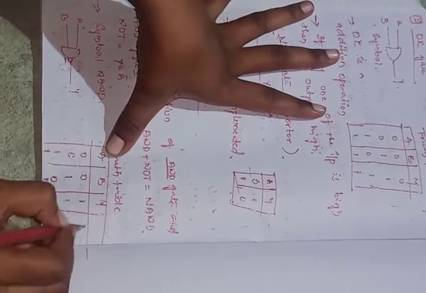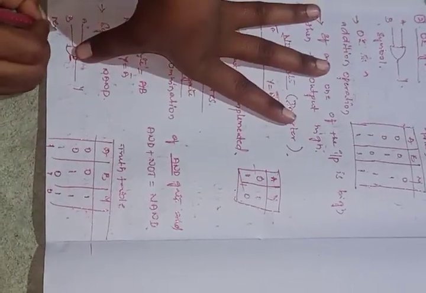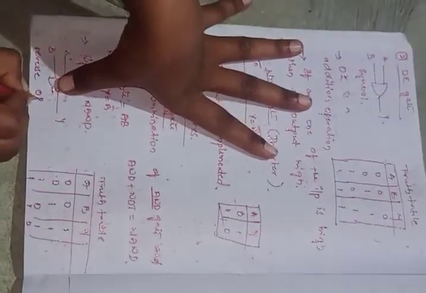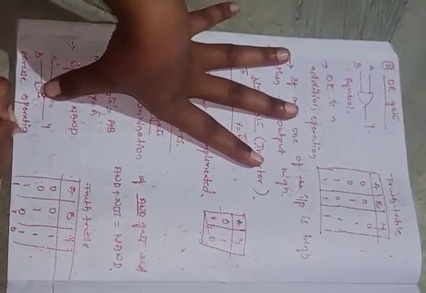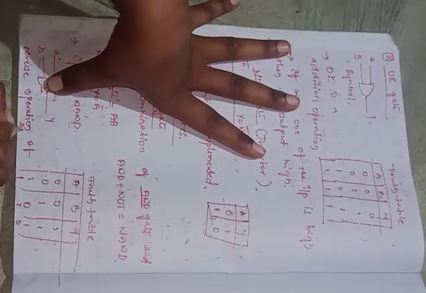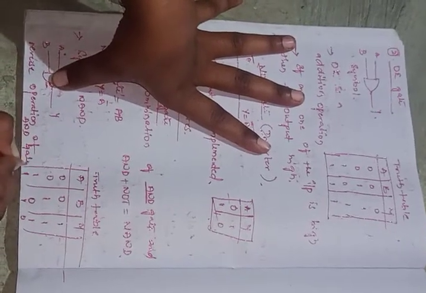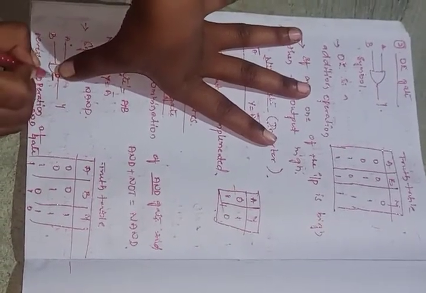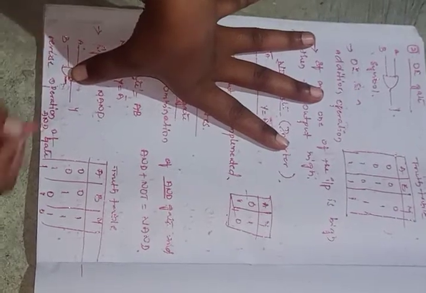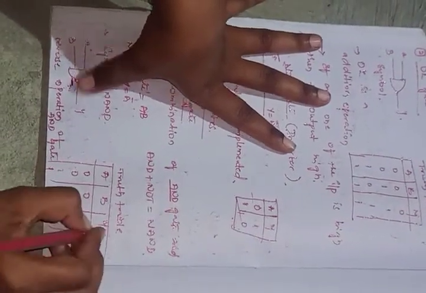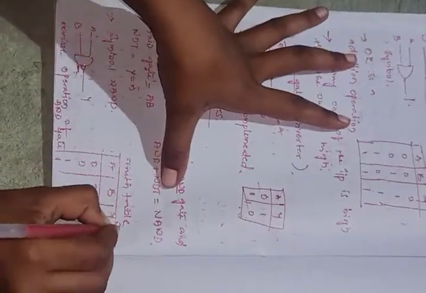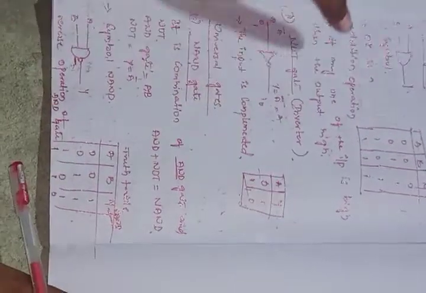This is the reverse operation of AND gate. This bubble indicates the complement of AND gate, NAND.